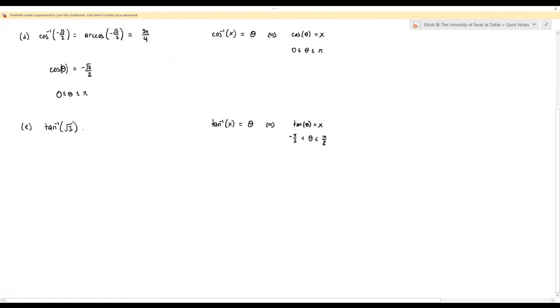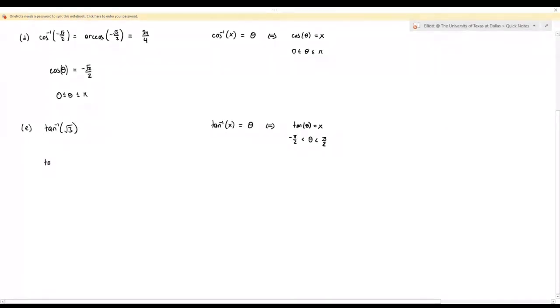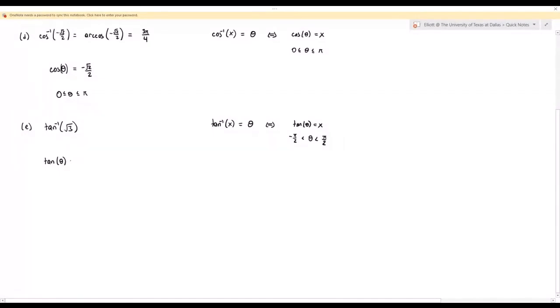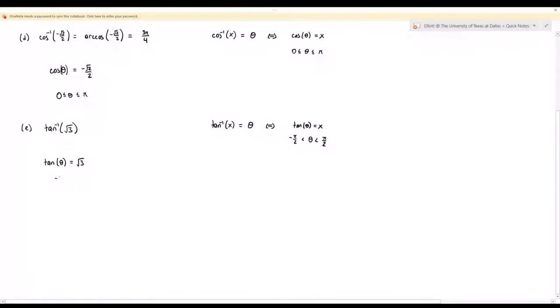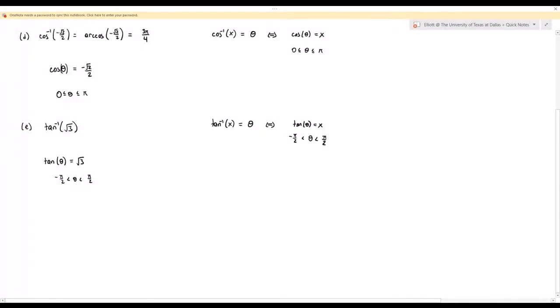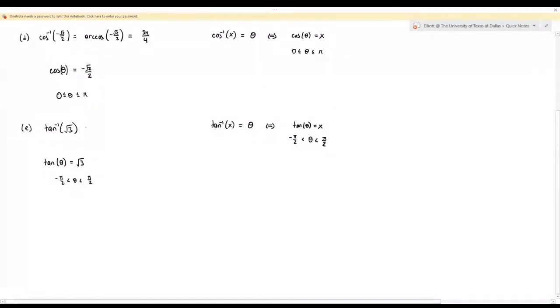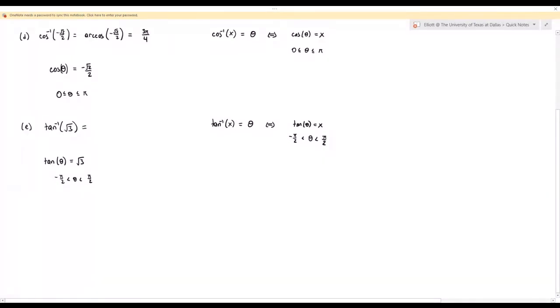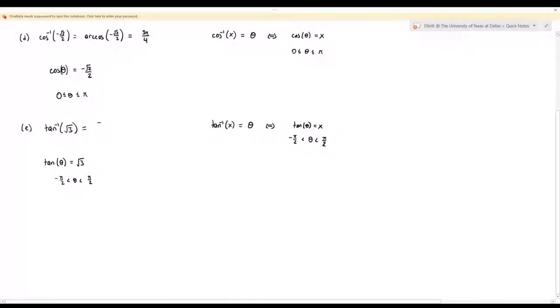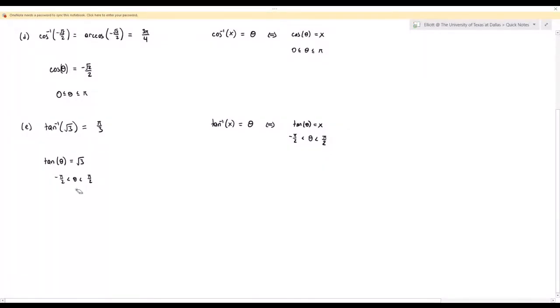So for this problem, to answer the question, we need to think about what angle theta makes tangent of theta equal to square root of 3, where that angle theta is also between minus pi over 2 and pi over 2. All right. So I know that tangent will be equal to square root of 3 at an angle of pi over 3 in the first quadrant.